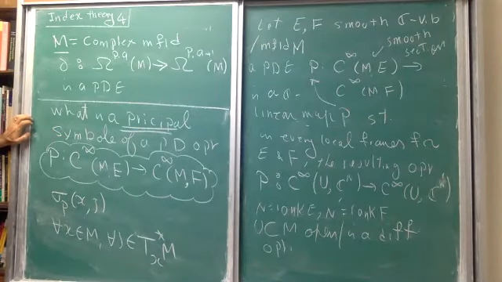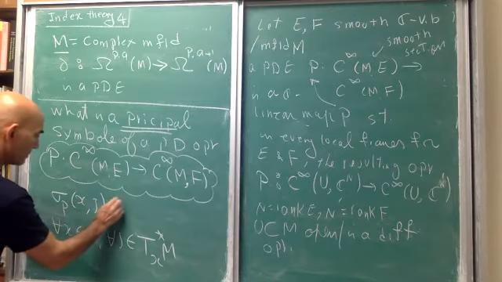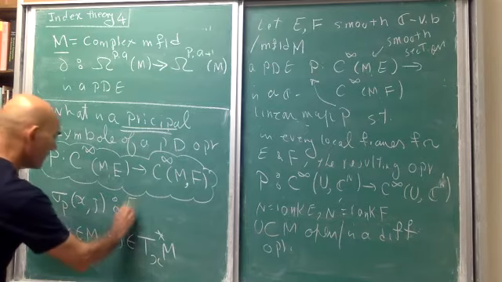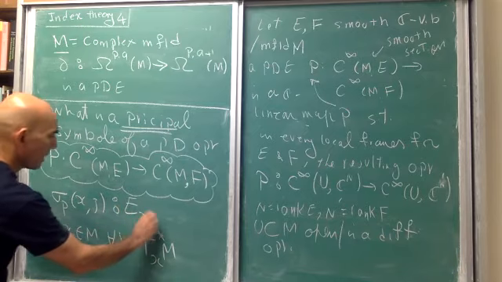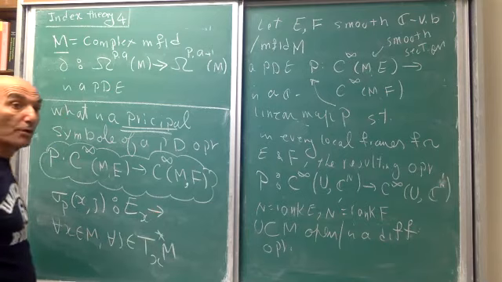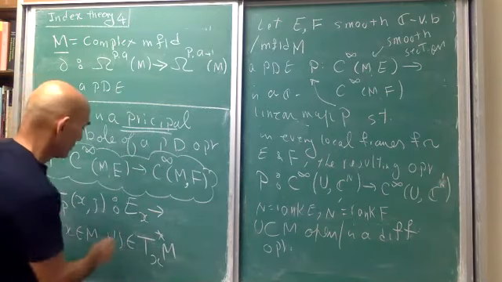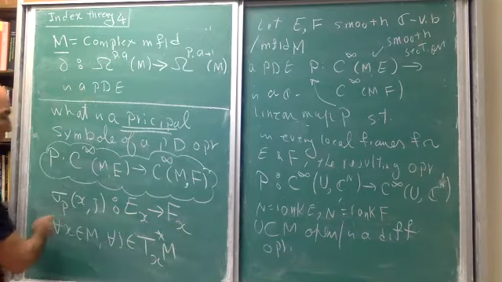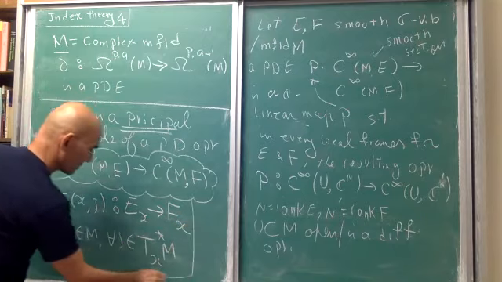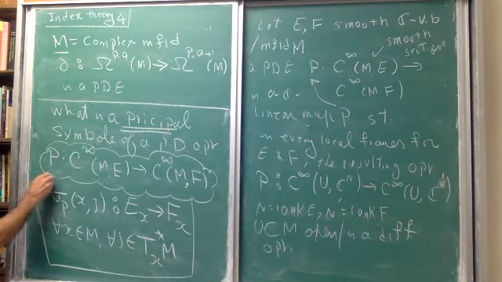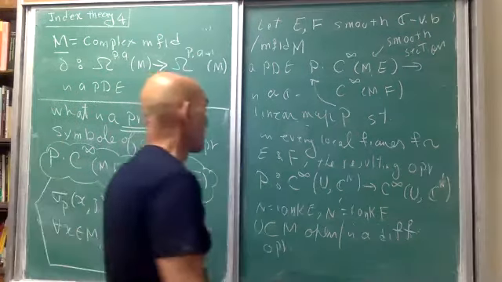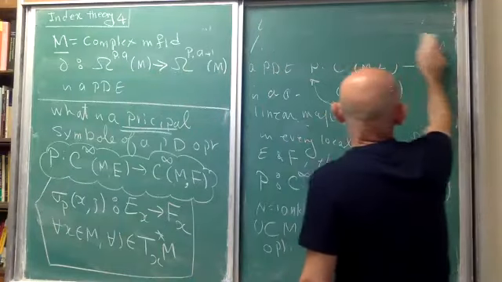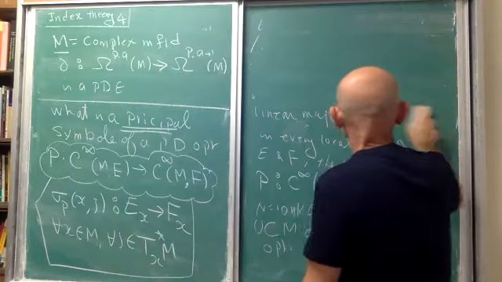And it is a map from the fiber over x of E to the fiber over x of F. So this is the thing. Now this is what you have to think about and do a calculation.